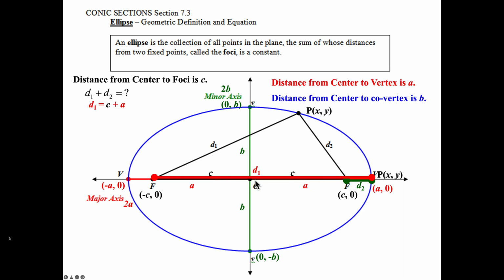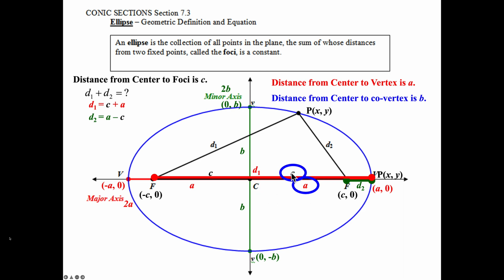However, we can say A, vertex to center, minus center to focus, minus the C. That would be the distance of d2. So again, A is from the vertex, or where your point P is at, to the center.